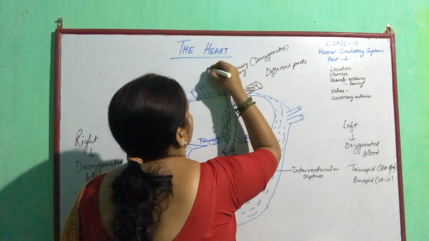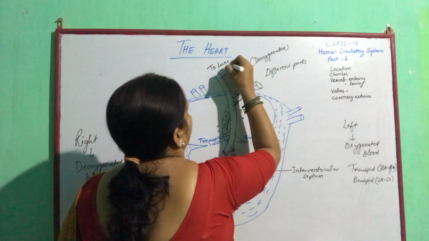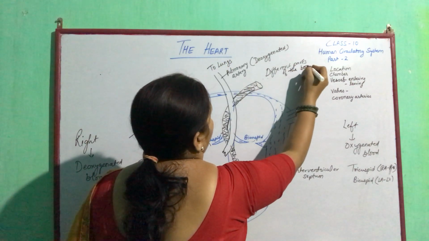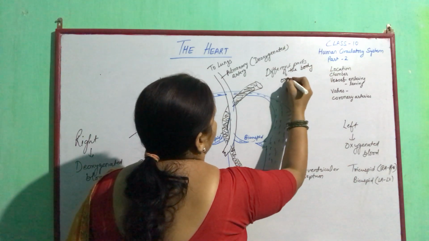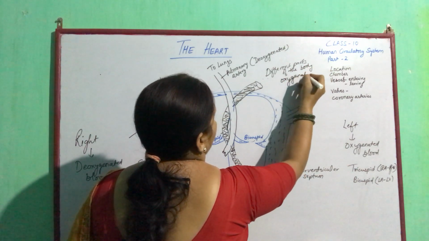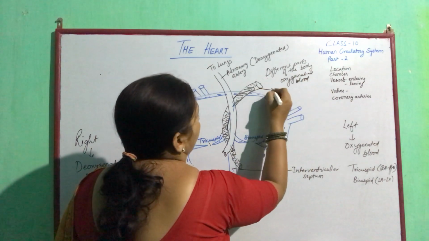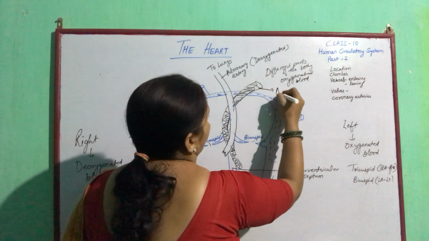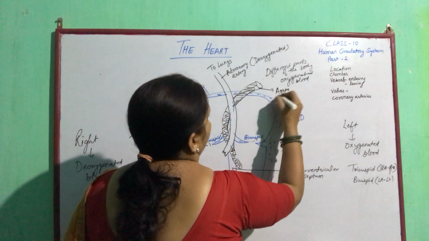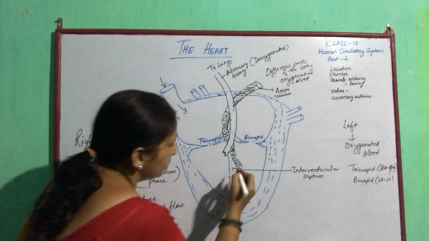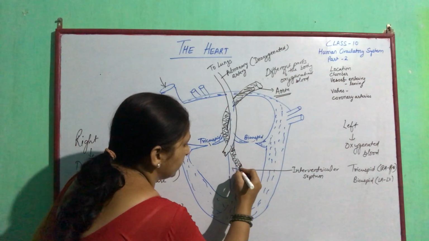This is to lungs. It carries oxygenated blood. And now what is the name of this vessel? This is aorta. Yes. Here also semilunar valves are present at the end.